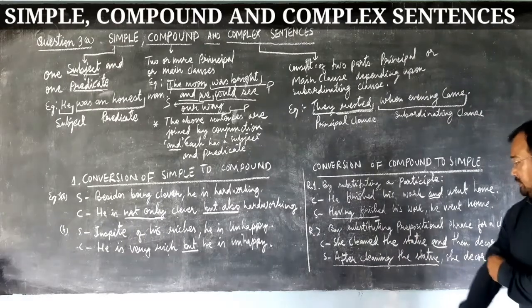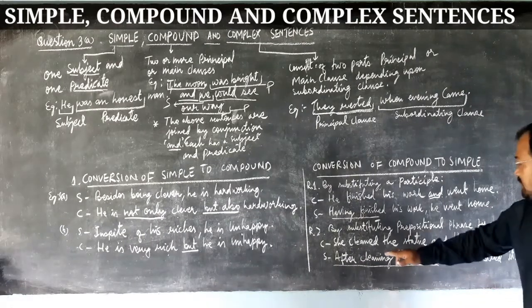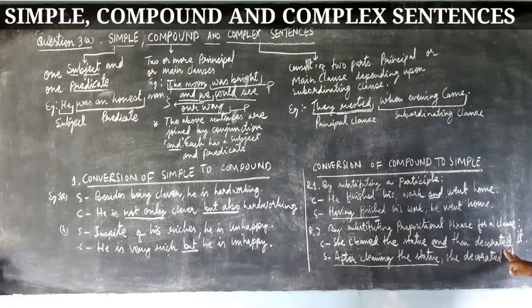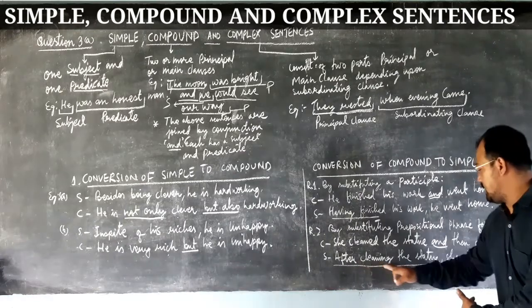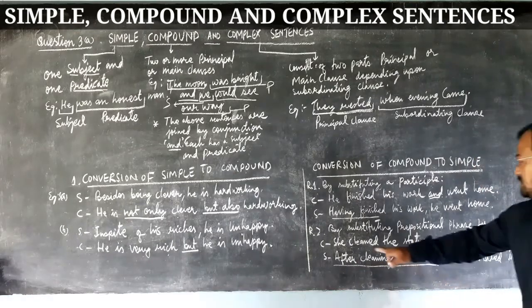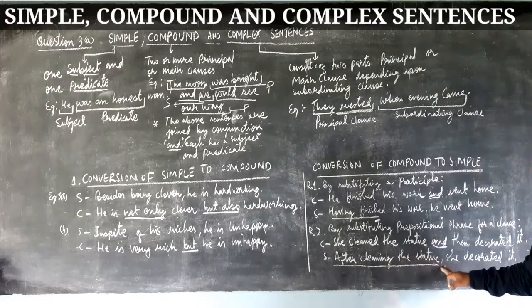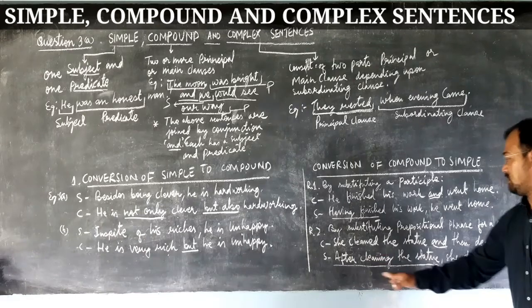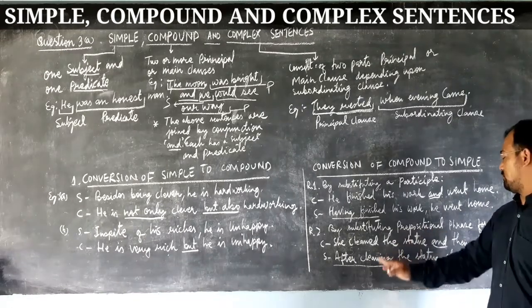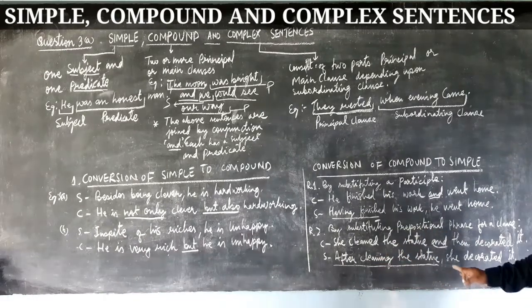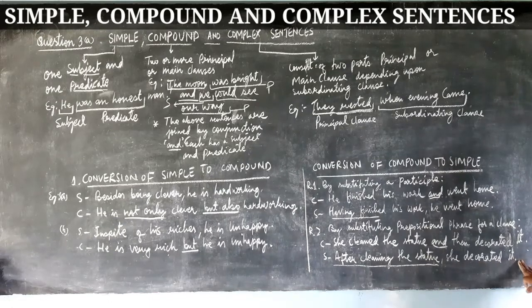So when you change, she cleaned the statue and then decorated, means after cleaning she decorated it. Understood? That means very simple way you can write after cleaning the statue, comma, she decorated it. Okay, this is you are substituting a prepositional phrase here. Okay, so that was rule number 2.